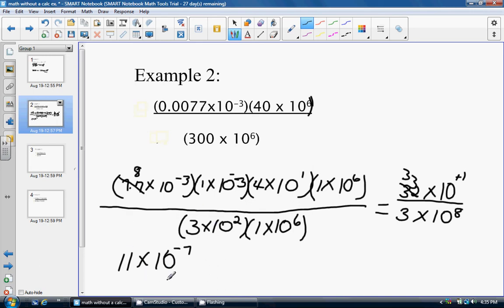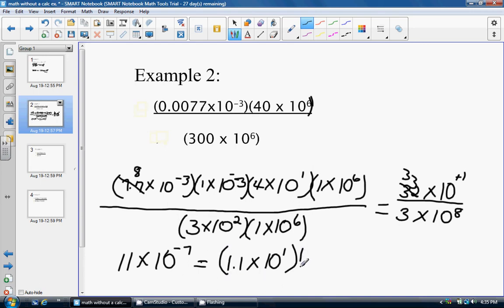And when I look at my multiple choice answers, that might not be there. And I have to be careful because this is a number bigger than 10. So if I want to write this correctly in scientific notation, I'm going to make this 1.1, and I move the decimal, so that affects the power of 10. I moved it to the left, so this is going to become +1. I moved it 1 space, so my exponent is 1.